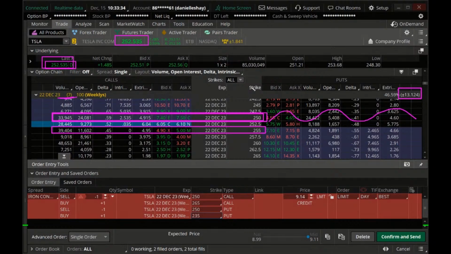So if you're looking at next week, you would want to encapsulate that expected move because the entire point of the condor is you're saying, I know the stock is going to move, but I don't think it's going to move outside of this range. So if the range that's being expected is $13 and you set it up for $15 wide, that'll give you a little bit of leeway.